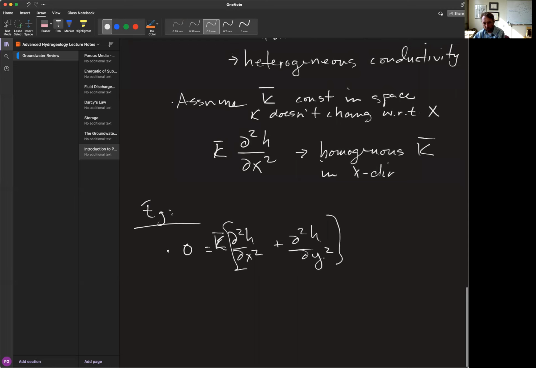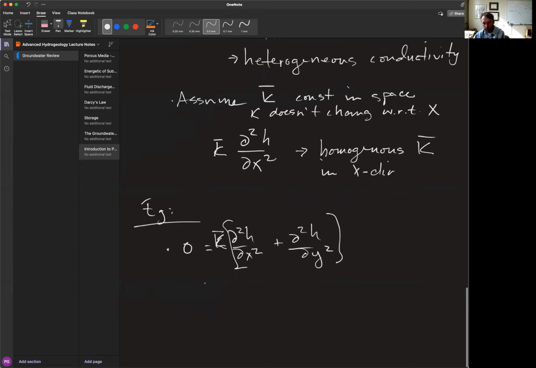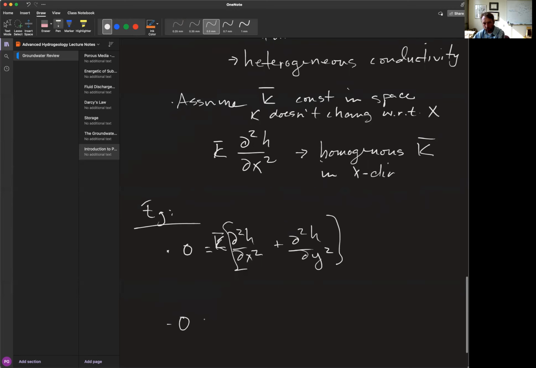So I'm two-dimensional, steady state, homogeneous. And I can simplify this one further. I just pulled this k out to illustrate. If I divide both sides by k, I'm going to end up with 0. So I get to Laplace's equation, the two-dimensional Laplace's equation.